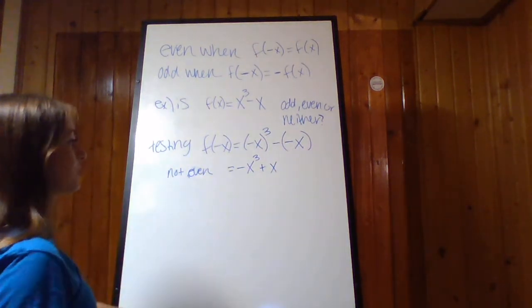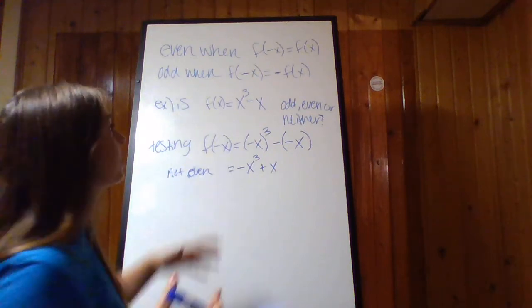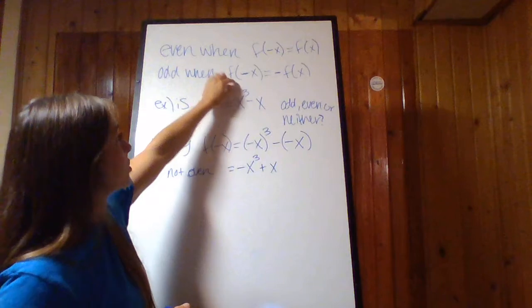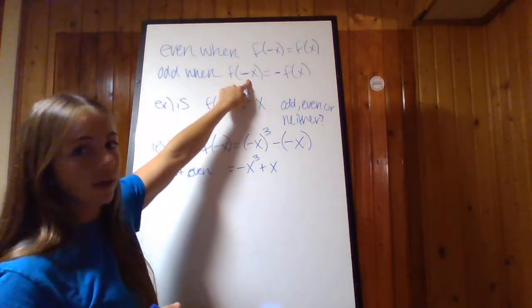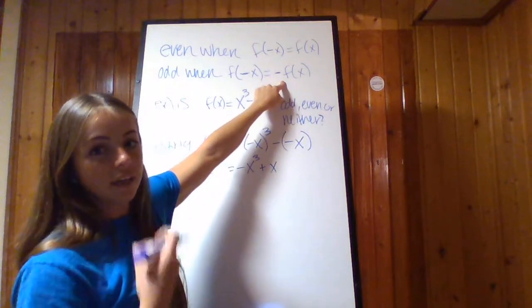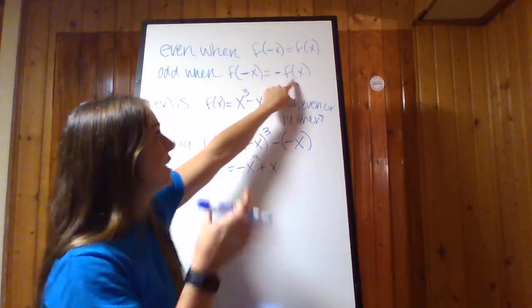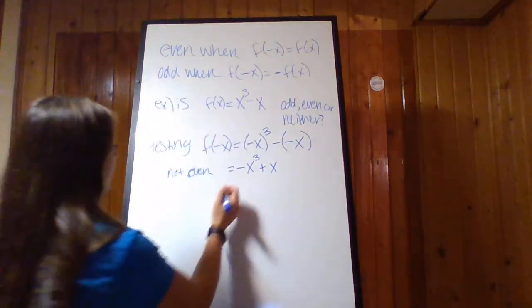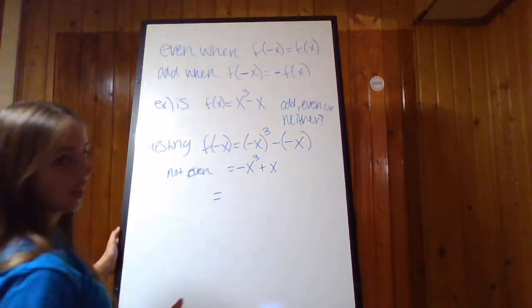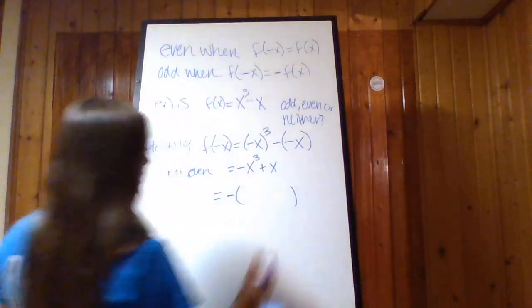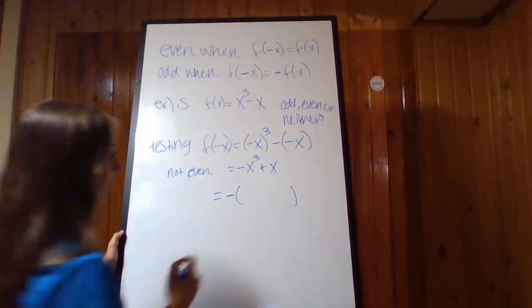Now I want to test, well, is it odd? So the odd notation is that when I put in a negative x, I can factor a negative out, and what's left on the inside matches up to my original equation. So let's try doing that. We need to factor out a negative, okay? When you factor something out, it's the same thing as dividing by that.